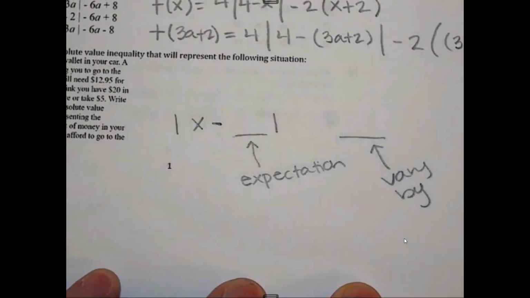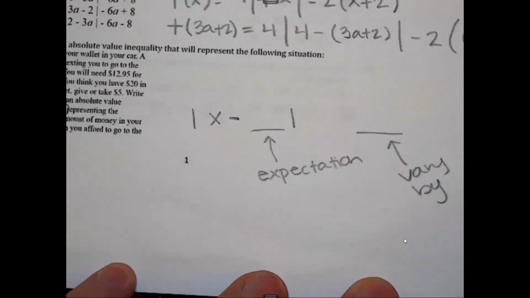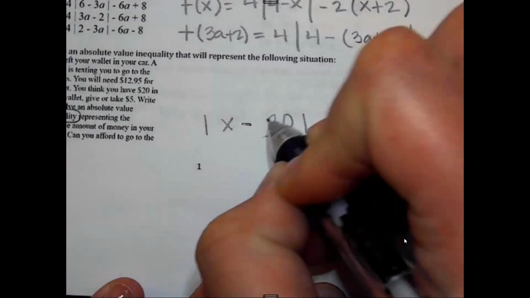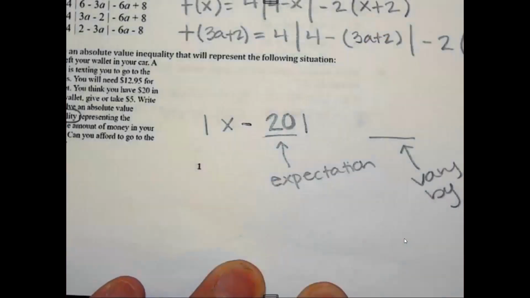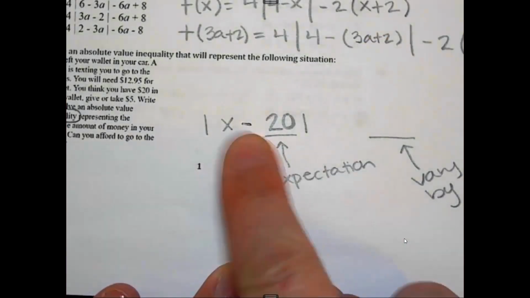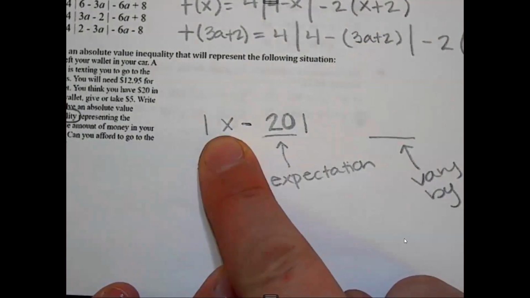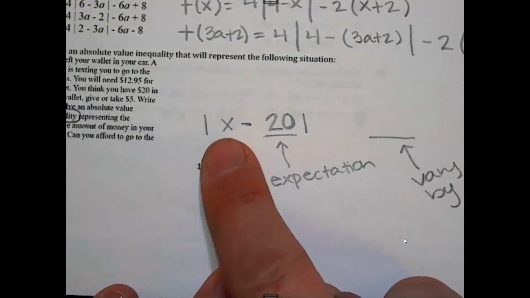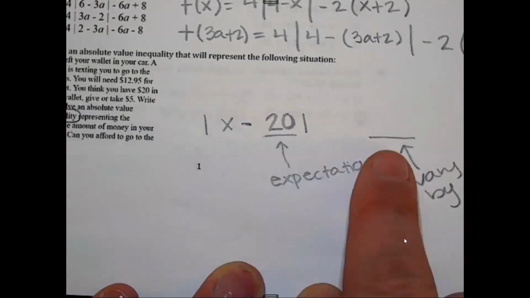Okay, so what's our expectation? Our expectation is 20. The difference between what we actually have and 20 can vary by how much? 5.